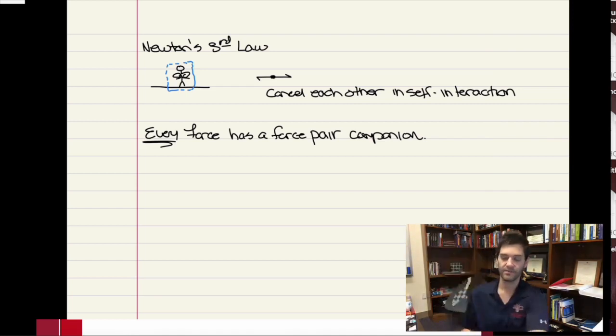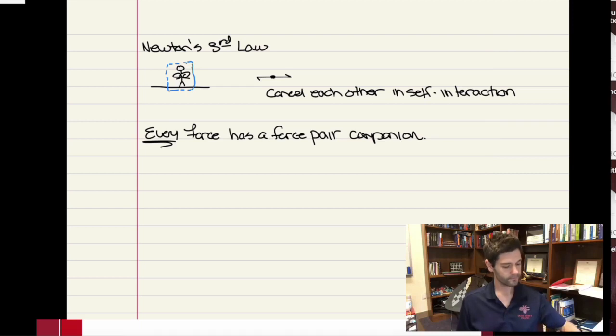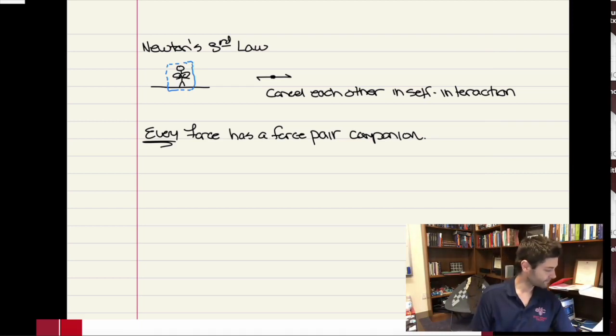Every time you drop a ball down to the ground, you are actually causing the earth to ever so slightly move as a result. It looks like the apple is moving and doing all the motion because Earth is pulling down on the apple with a gravitational force. But by Newton's third law, the apple must therefore also be pulling up on the Earth with the same gravitational force. More on that. So I could say every force has a force pair companion.